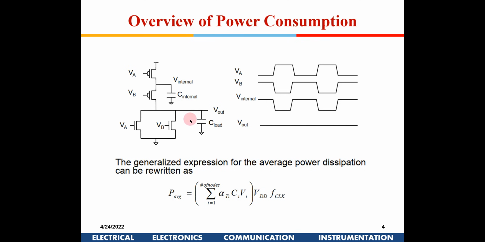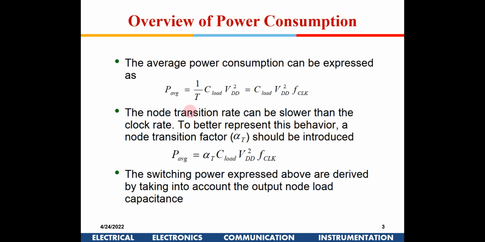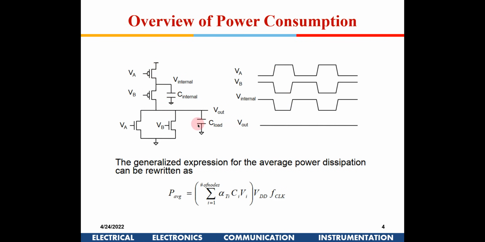If you remember my first class, the power drawn from the power supply is C load VDD square F clock. Out of this total, half C L VDD square F clock is dissipated as heat in the PMOS, and the other half, VDD square C L F clock, or if I remove F, half VDD square C L as energy, gets stored in the load capacitance.